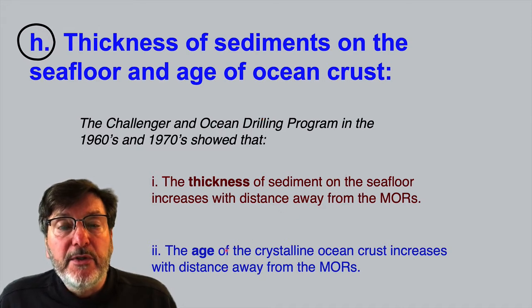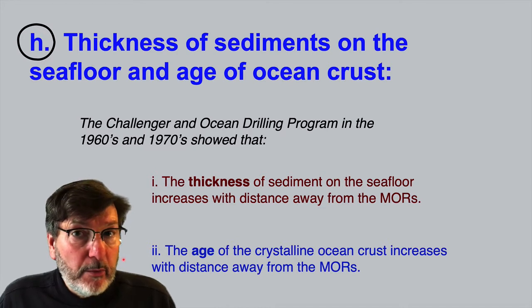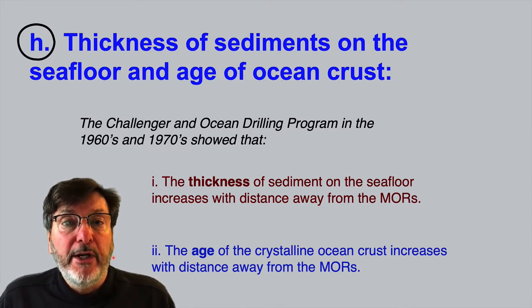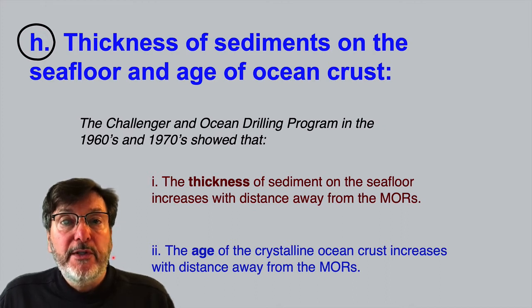The second aspect was actually sampling the basalt, and eventually, it's a very difficult problem, getting enough radioactive minerals out of the basalt, uranium-bearing minerals in particular, that could be dated with uranium-lead dating to determine the actual numerical age of the basalt seafloor. And the amazing thing that came out of that was the ocean crust at the mid-ocean ridges is the youngest, and then as you move away from the ridges, symmetrically about the ridge, the ages get older and older.